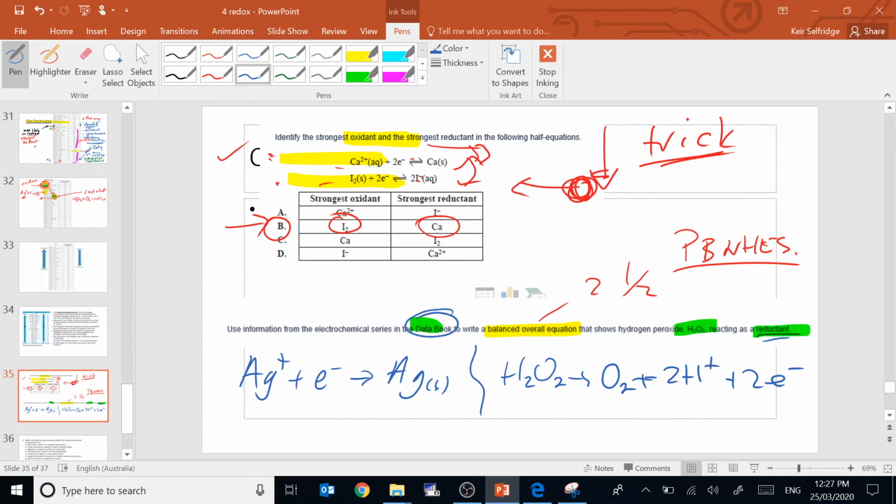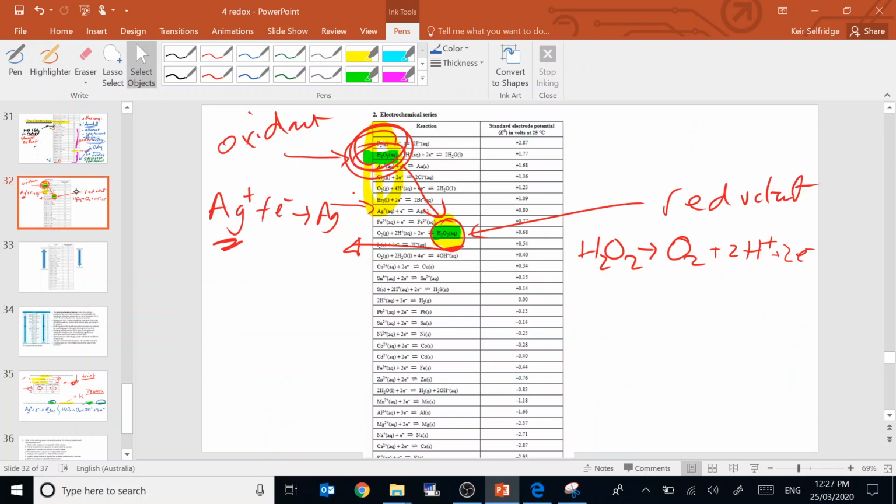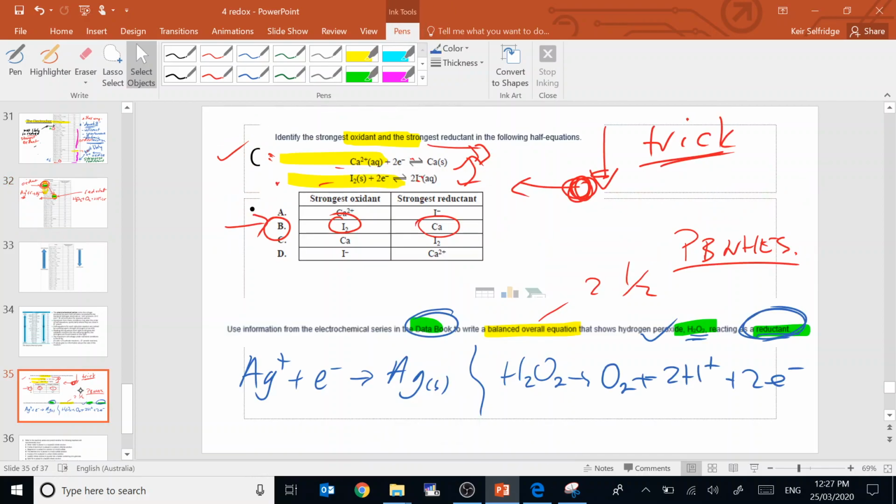So I used the data book. I found the two half equations. I showed H2O2 being a reductant. The other half I could have picked from, I was going to say a dozen, but 1, 2, 3, 4, 5, 6, 7, 8. I could have chosen from 8 different possibilities.